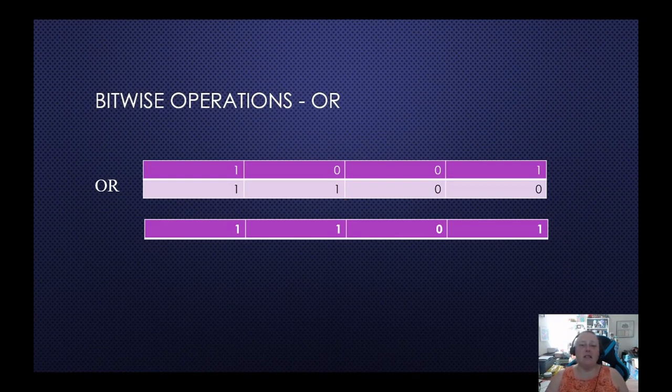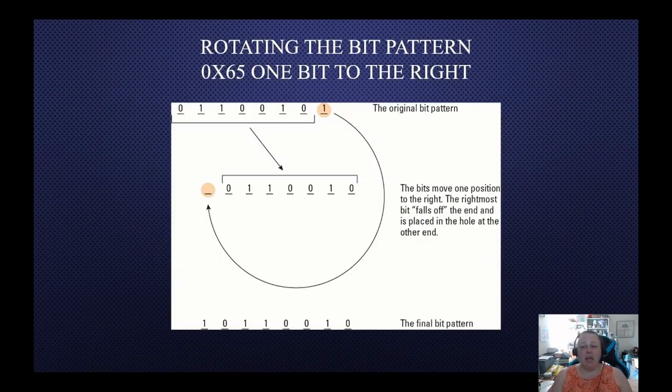Now, let's take a quick look into rotation and shift operations. There are different types of shifts, and shifts are just moving things around, okay? There is a circular shift, which we call a rotation, a logical shift, and arithmetic shifts. So here is a good example of the circular shift. Your original bit pattern is right here. You're going to take the very last bit and circle it around and put it in the front, and then everything else shifts to the right.